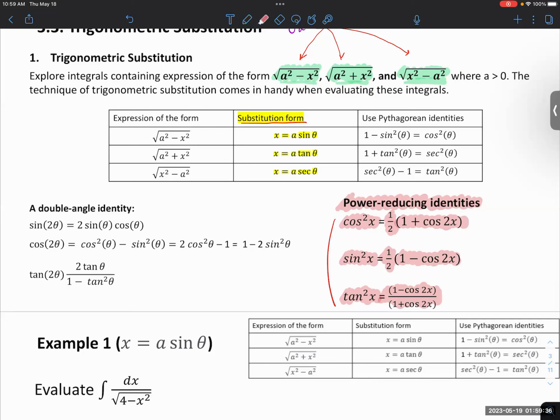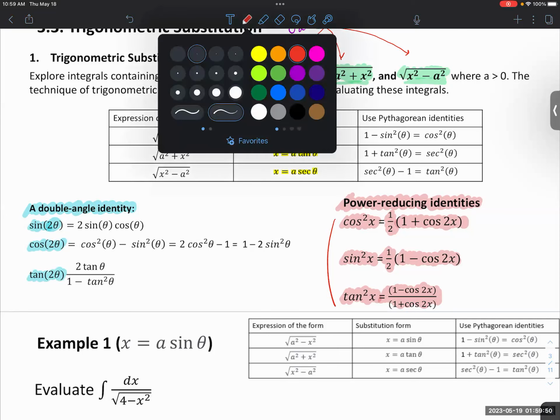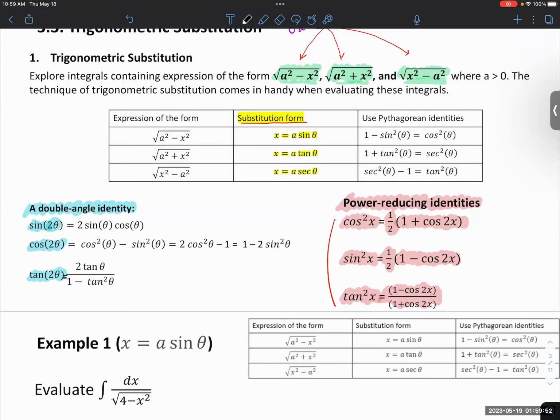Another identity that I want to introduce is called the double angle identity. You might see double angles 2 theta, like sine 2 theta, cosine 2 theta, tangent 2 theta. This 2 theta is a little bit bothersome, so I want to reduce from 2 theta to theta. Sine 2 theta is equivalent to 2 times sine theta times cosine theta.